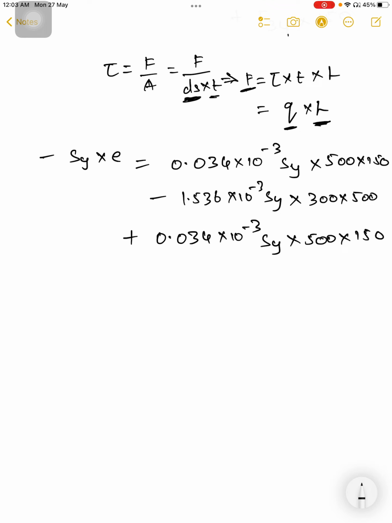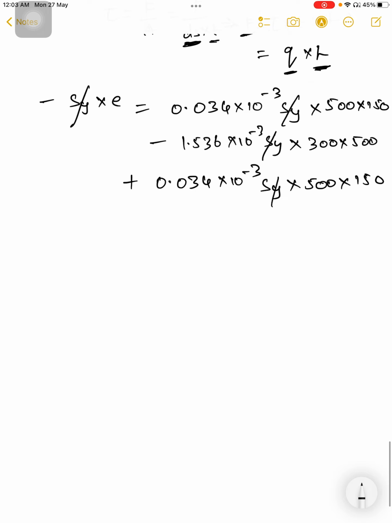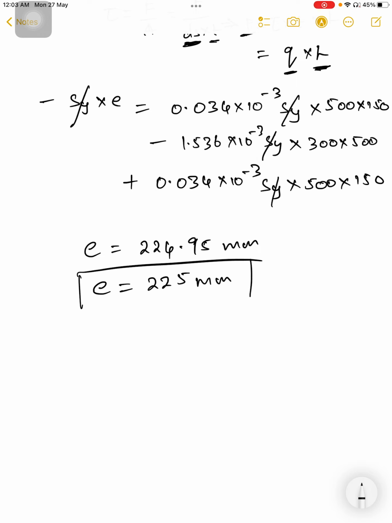Everywhere SY is common, so we cancel SY. So our E will come to 224.95 mm, or you can write E equal to 225 mm. This is our shear center value for the given section. Thank you.